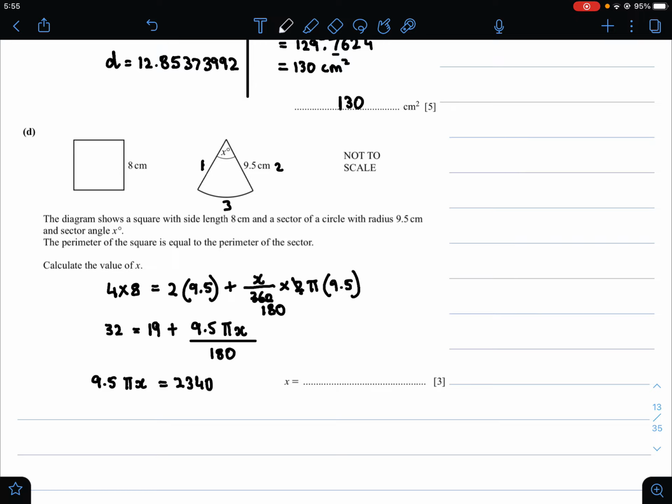Now we can take the 9.5 pi to the other side of the equation as well, and we will divide it with 2340 because multiplication, when you take to the other side of the equation, becomes division. So therefore x would be equal to 2340 divided by 9.5 pi.